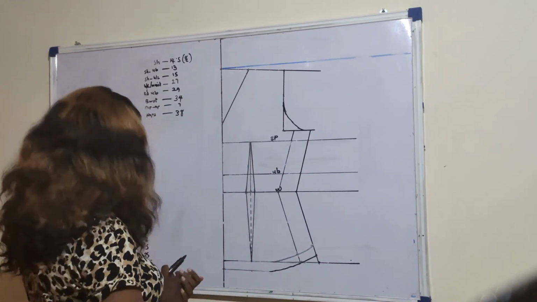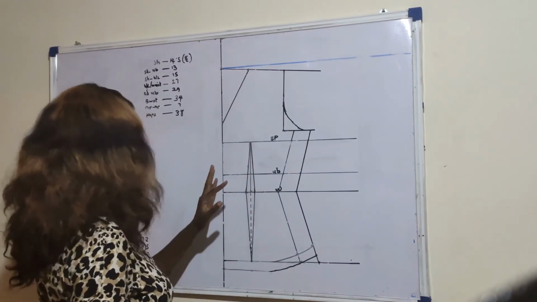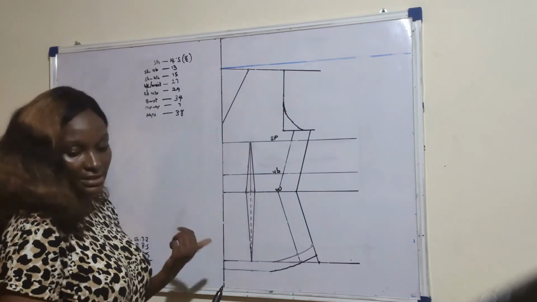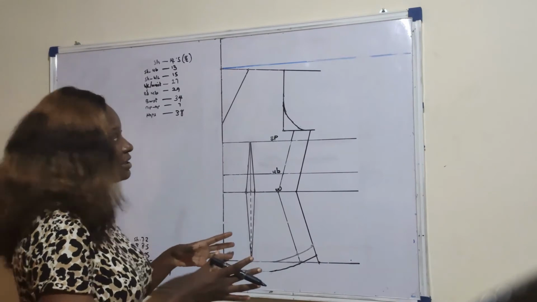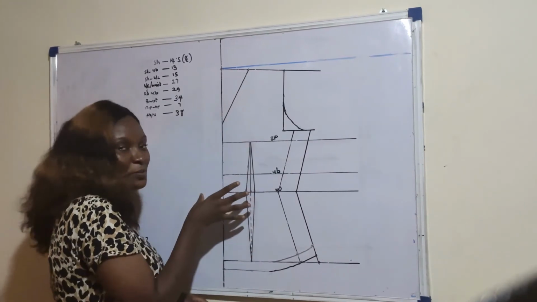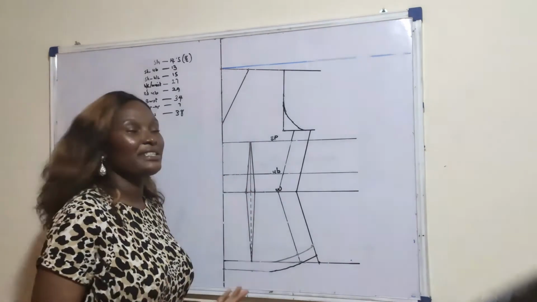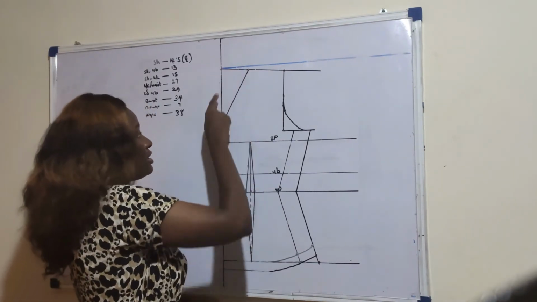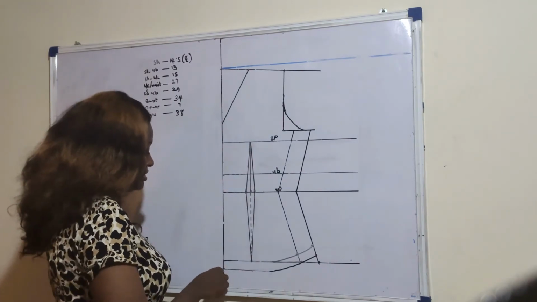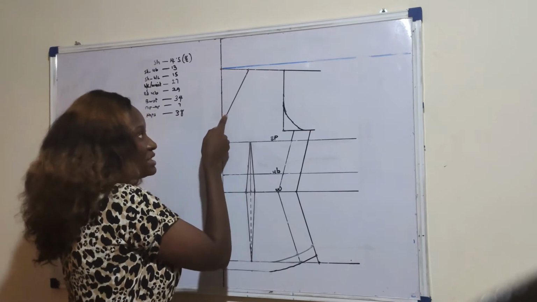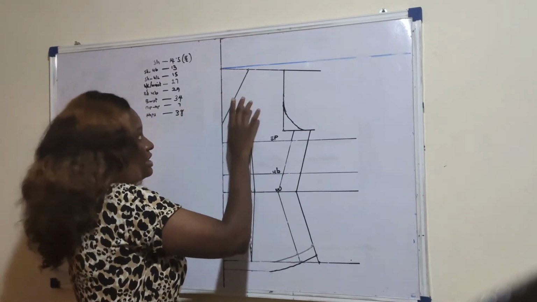So the next thing is the back bodice. I'm going to do the back bodice on this very piece. If you're using pattern paper, just cut out your front basic bodice at this point without cutting out your neck yet.